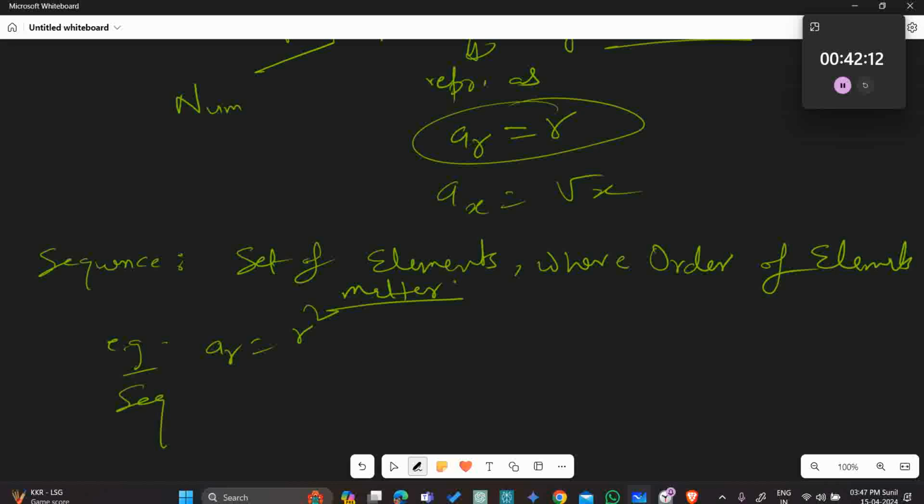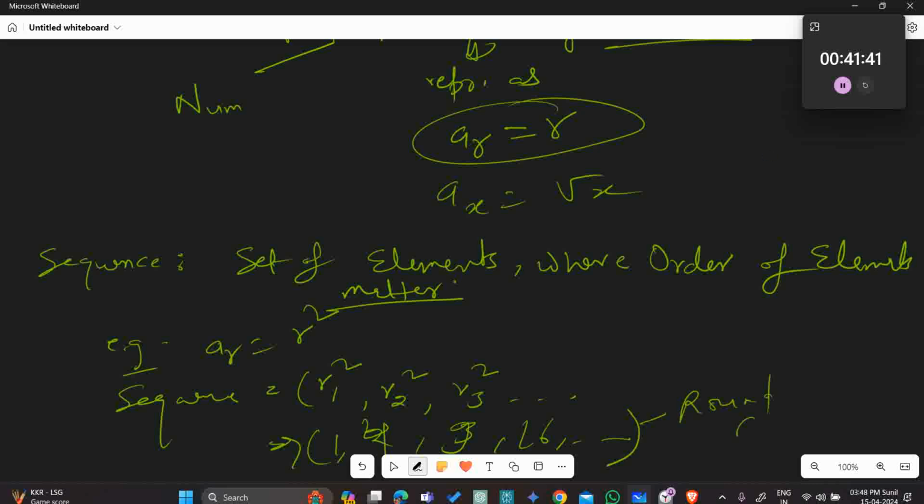For the sequence, this is 1 square, 2 square, 3 square and so on. It would be like 1, 4, 9, 16 and so on. Right? Round braces are used for a numerical function, or we can say sequence, but if it were curly braces, it would be a set. Right.